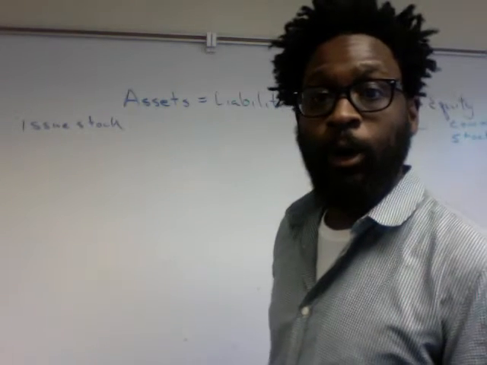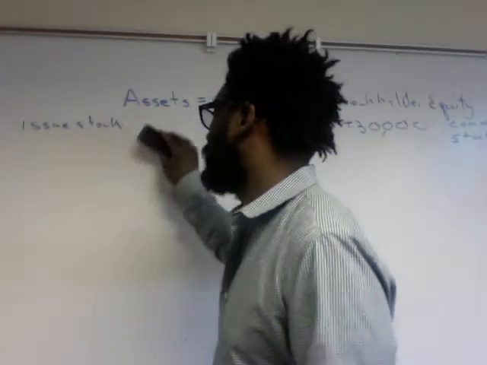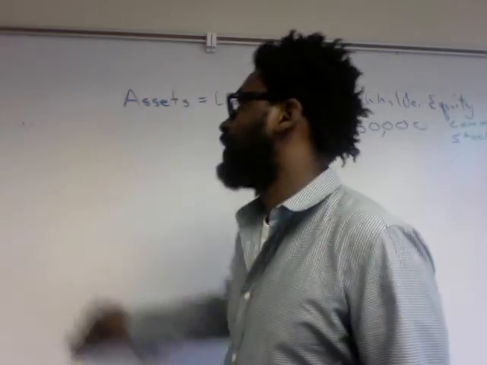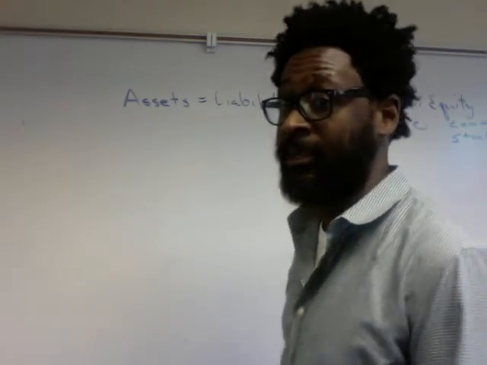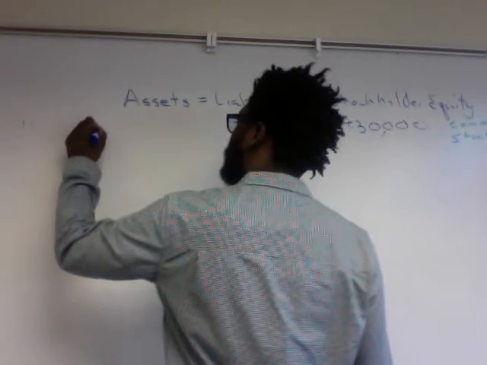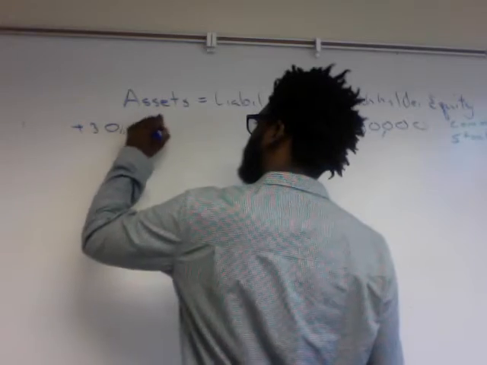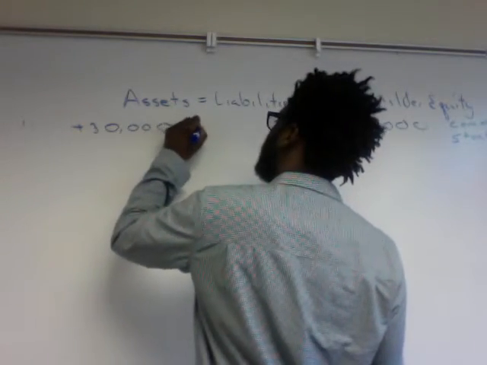And the other keyword was cash. We receive cash for issuing stock. Cash is considered a what? Asset. Cash is a part of the asset category. So our assets went up by $30,000 under the account cash.